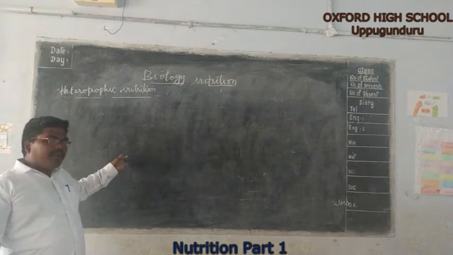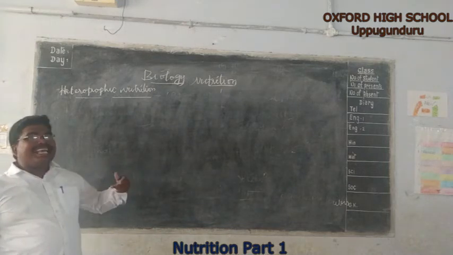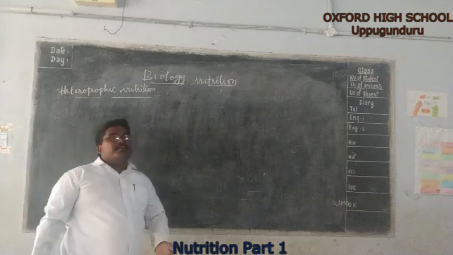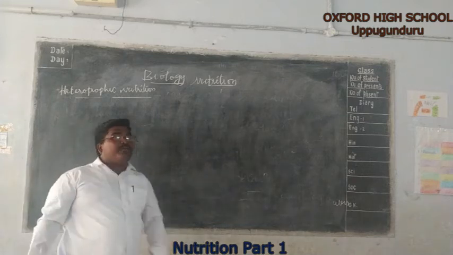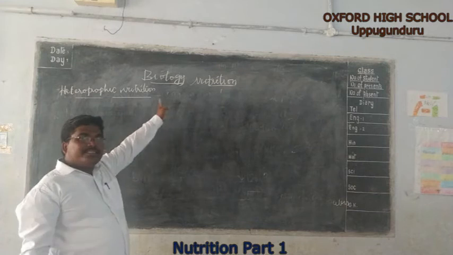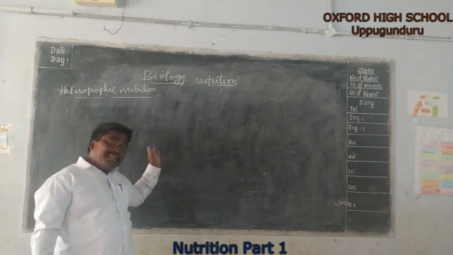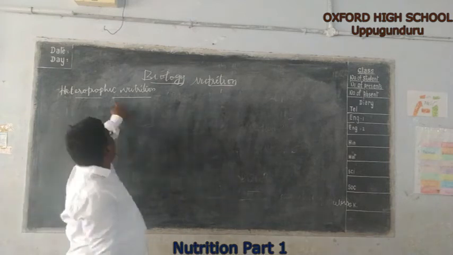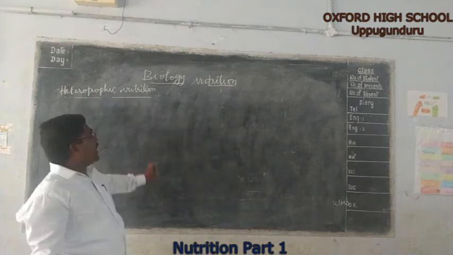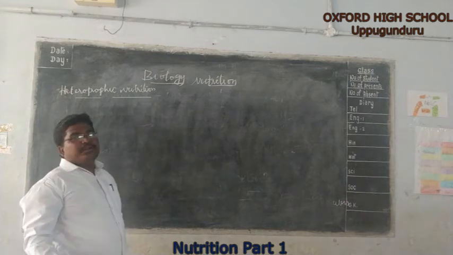In this living world, different types of organisms are there, and they have different modes of acquiring food. So we have already discussed plants, autotrophs, which make their own food, and the remaining organisms which cannot prepare their food are called heterotrophs. The type of nutrition is heterotrophic nutrition.